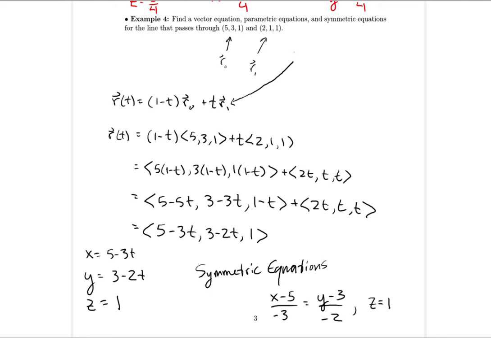If I was going to find my direction vector v, I would have said something like 2 minus 5, 1 minus 3, 1 minus 1, which is <-3, -2, 0>. And those are the exact a and b that I actually ended up with, right? So this is just a different way of getting at the same thing, and you can decide if that's the way you want to go about a problem like this.